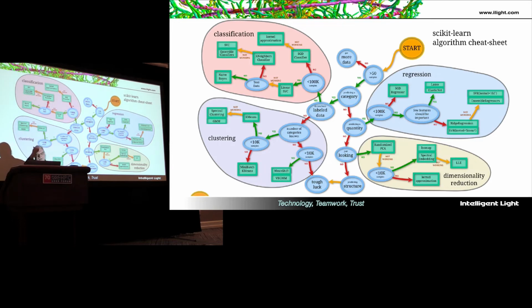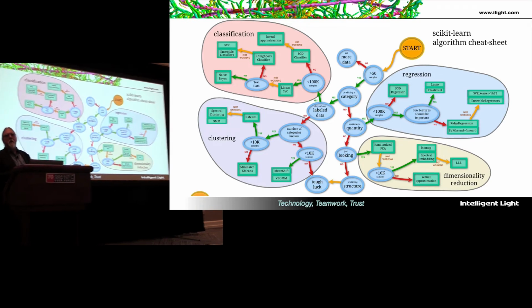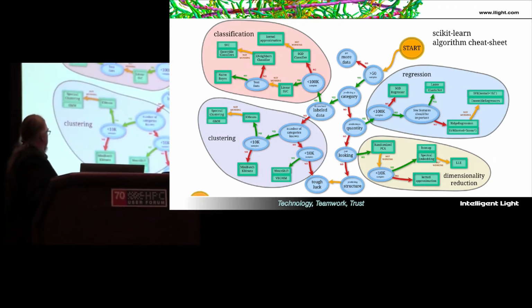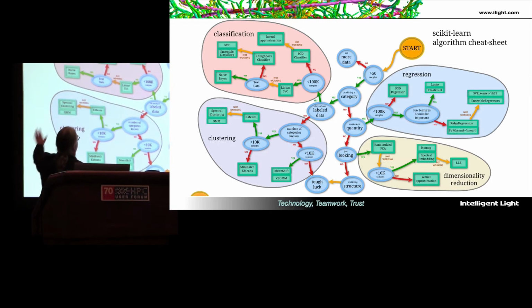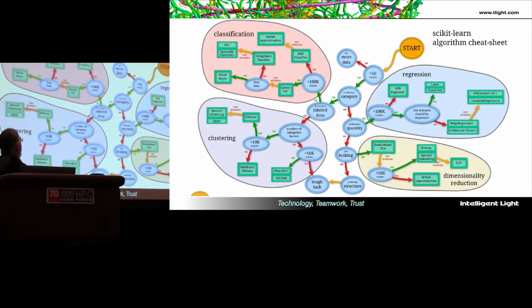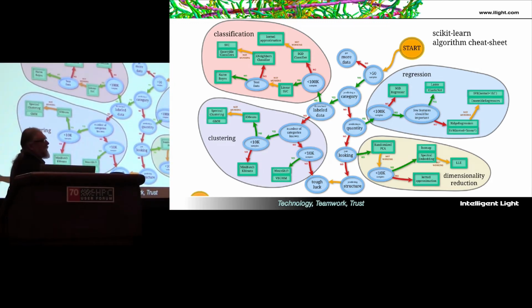You're out of there. This is on the internet. It's from scikit-learn, which is one of those open source Python things for machine learning. So everything we've heard about today about image processing and driving and everything is on this side of the chart. And we're interested in this side of the chart, which is dimensionality reduction and regression.